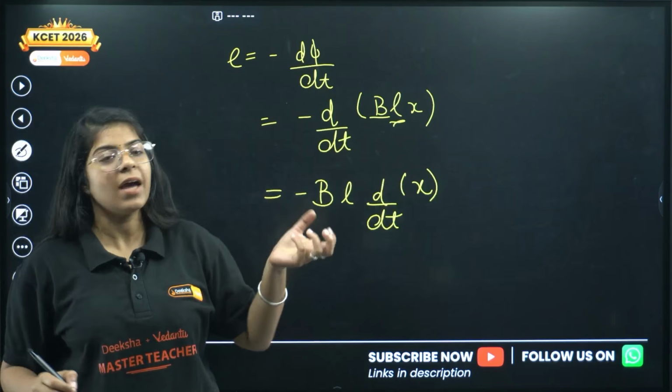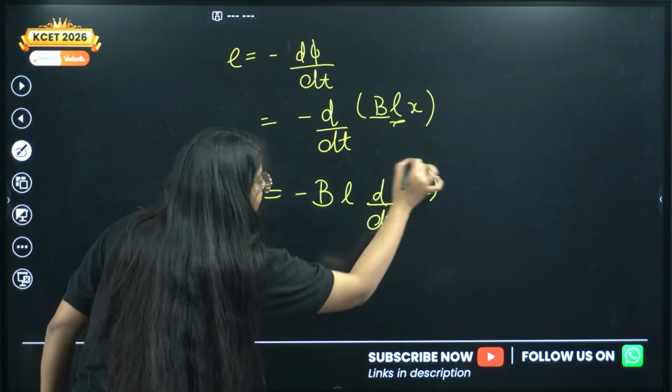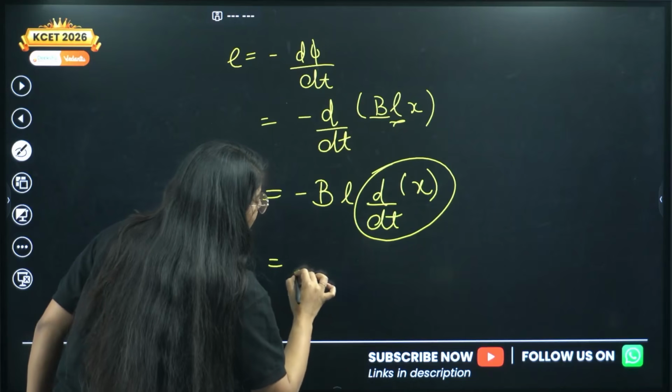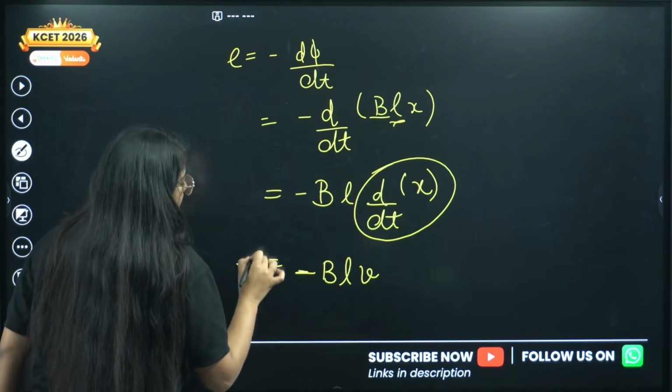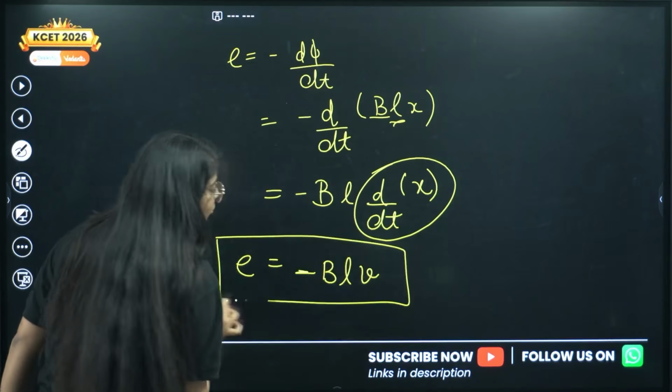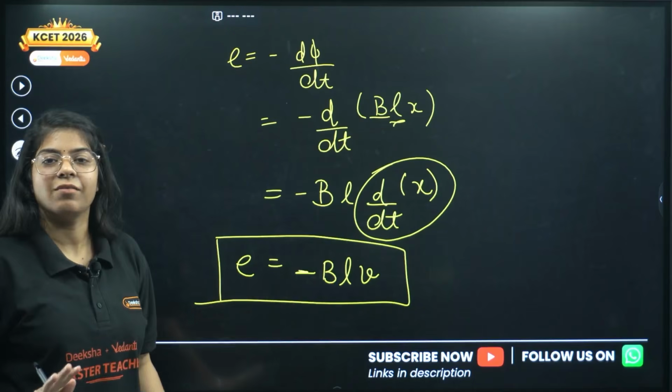It can move anywhere, we just took X for reference. The derivative of distance is simply velocity. So the motional EMF comes out to be minus BLV. That is the derivation.